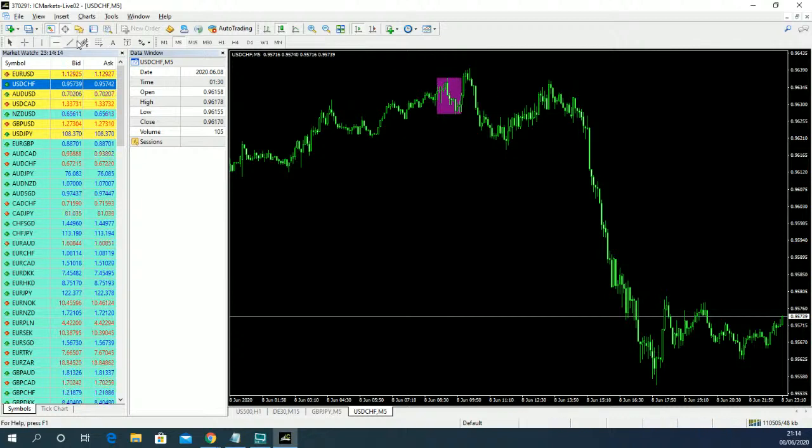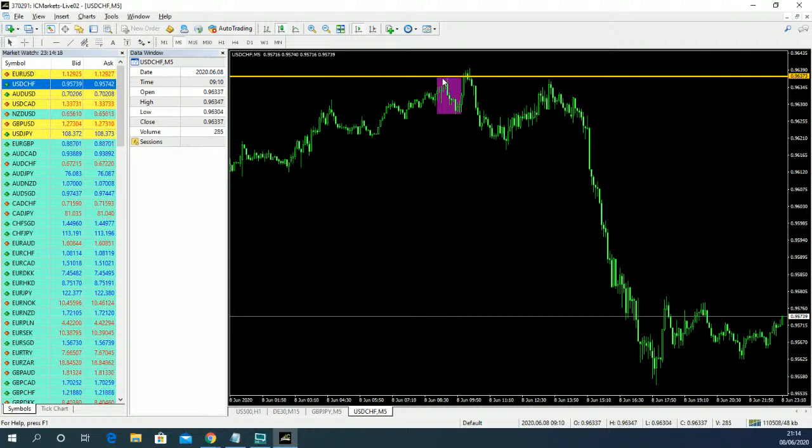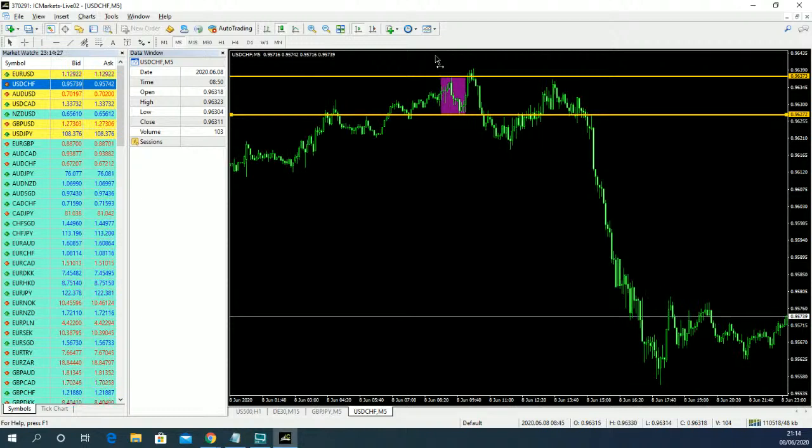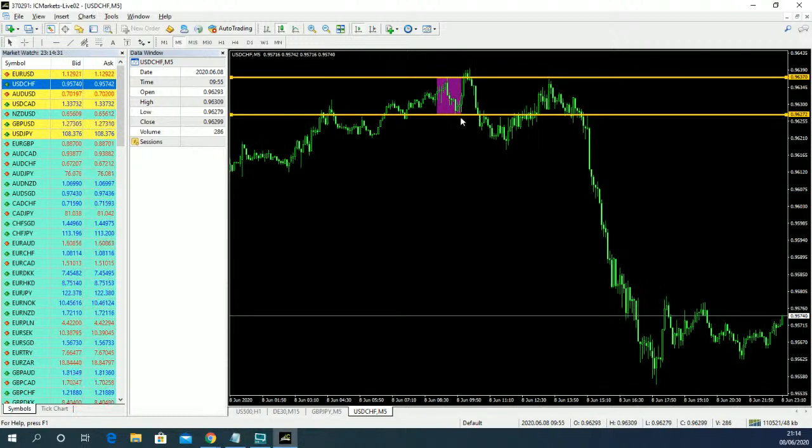That line we are going to draw now. Let's draw a line at the high of the box, and let's put another line at the low of the box. So the high of the box, and the low of the box.